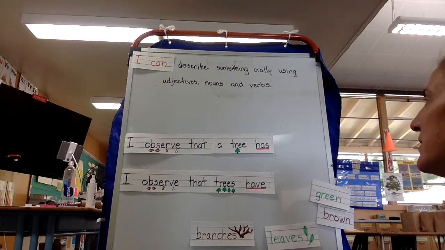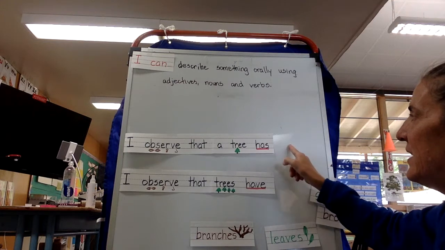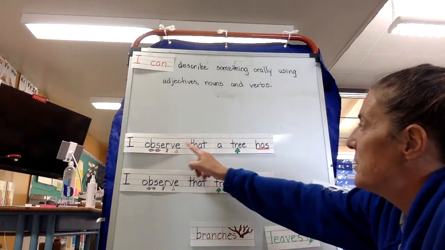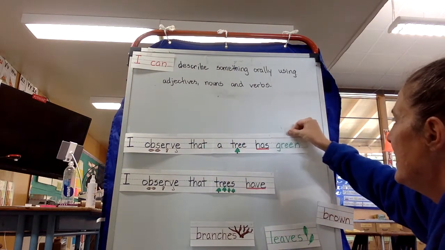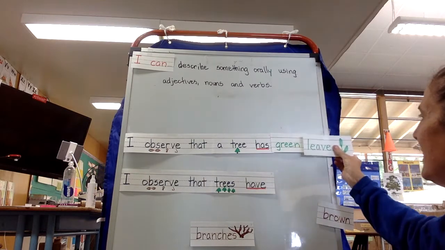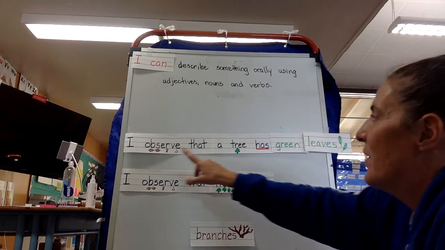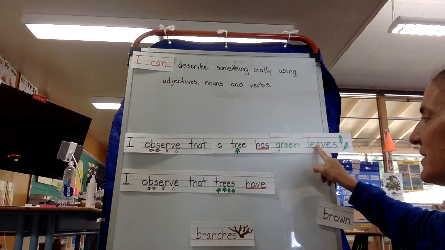If I wanted to, again, say that I observe that a tree has leaves, now I need to put the color first. I observe that a tree has green leaves. I've added my adjective before my noun. I observe that a tree has green leaves.